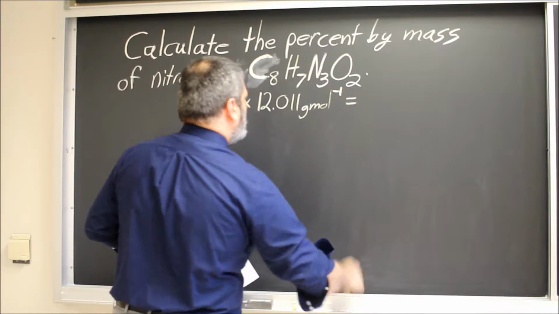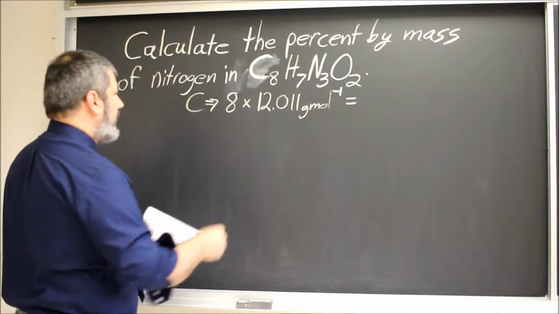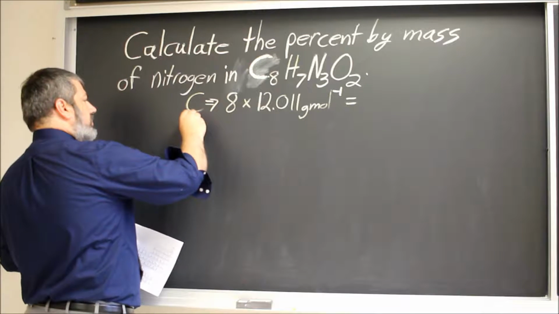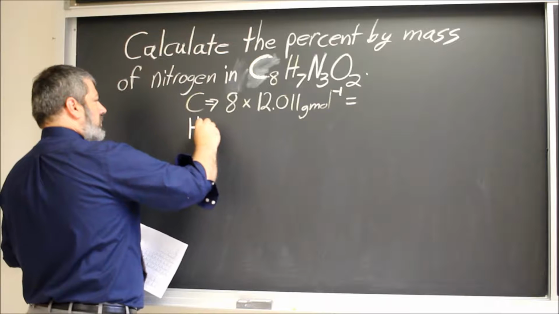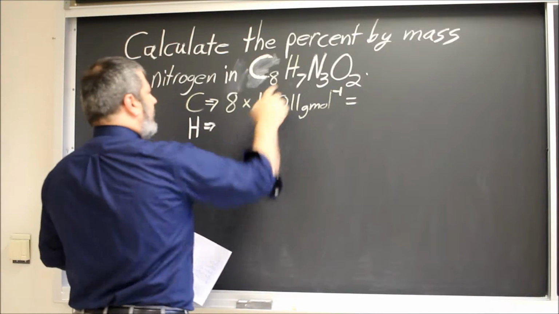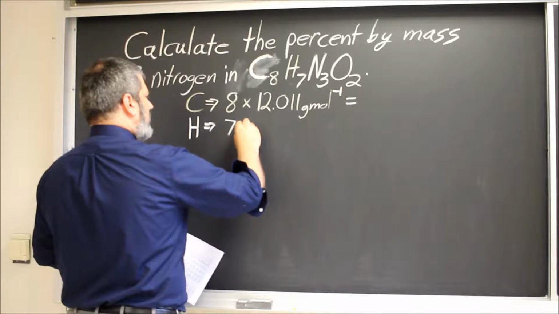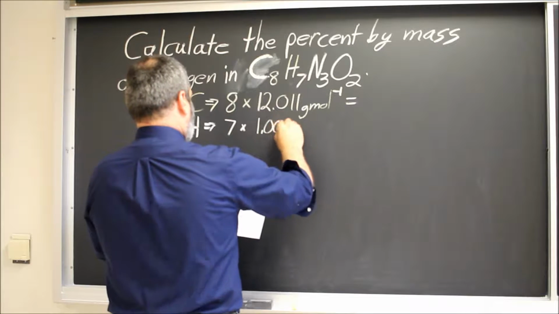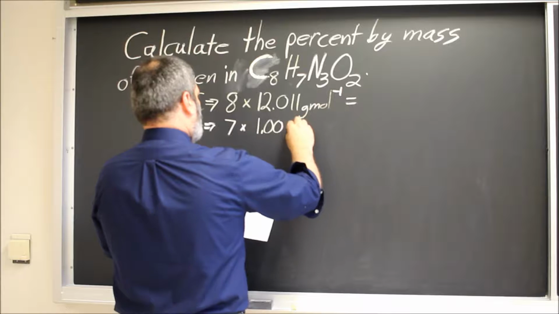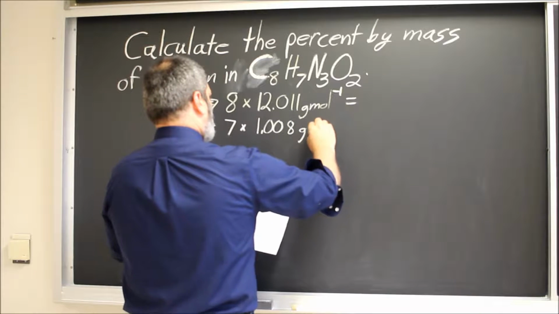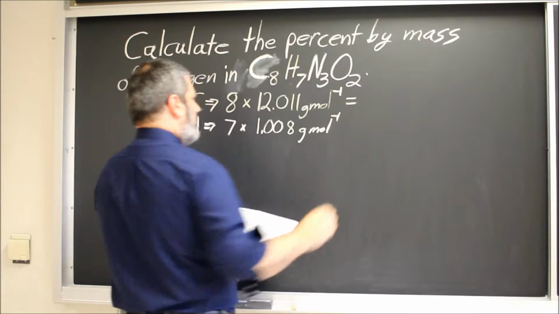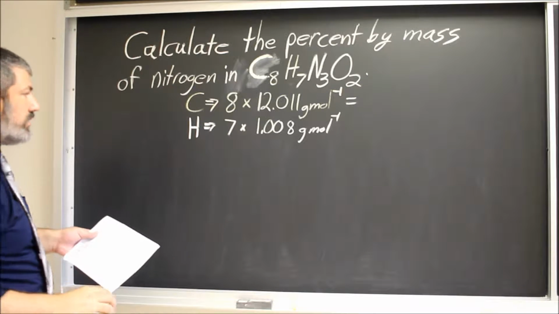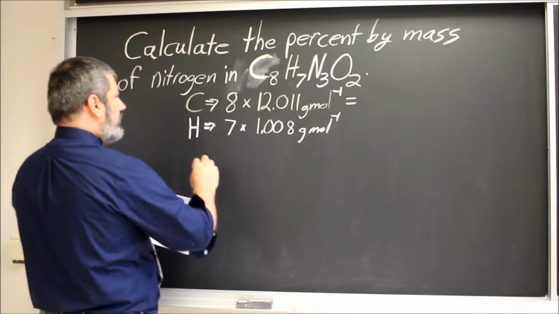And that's equal to a number that we'll calculate in a second. Hydrogen, we have 7 hydrogens. So 1.008 grams per mole, but we have 7 of them.